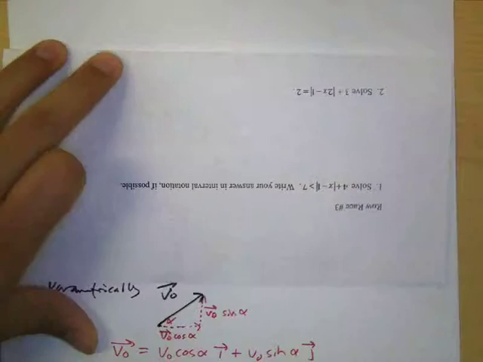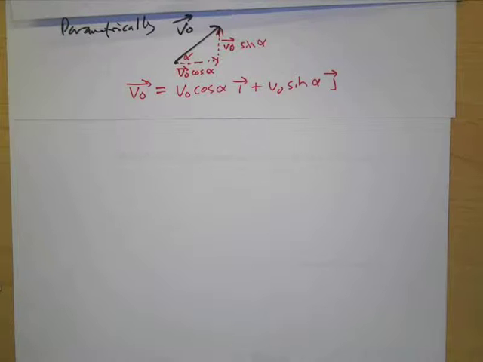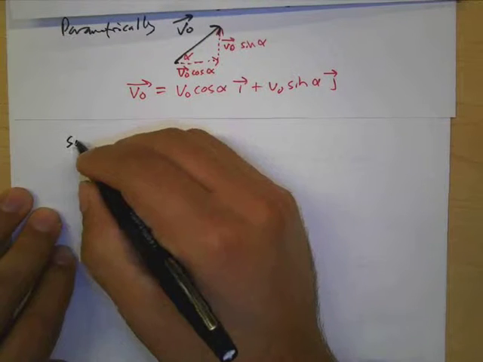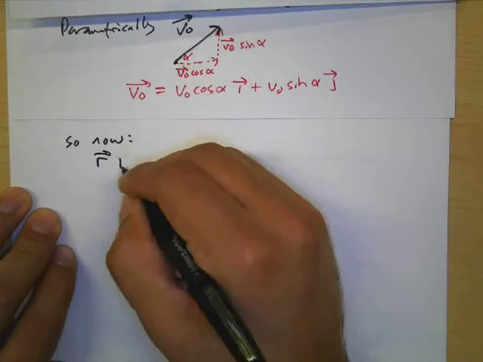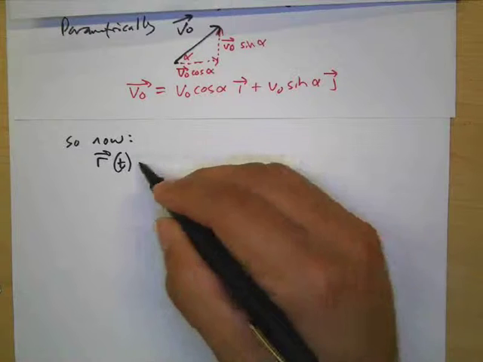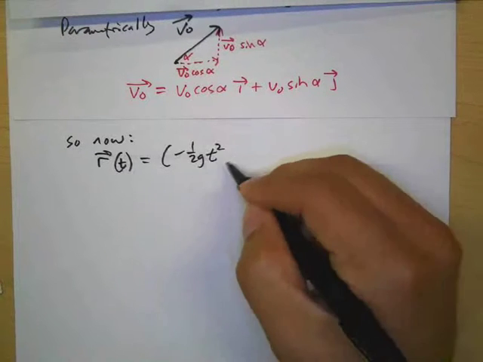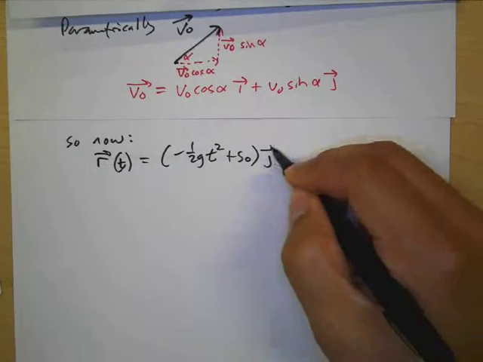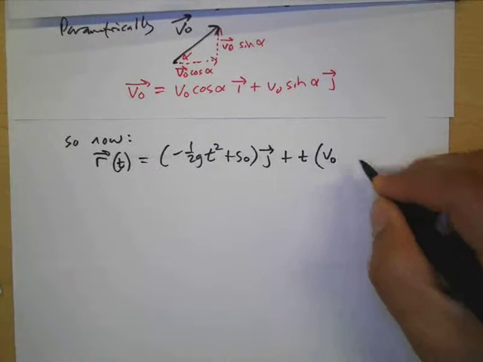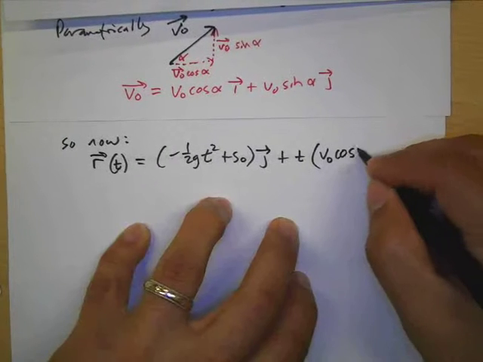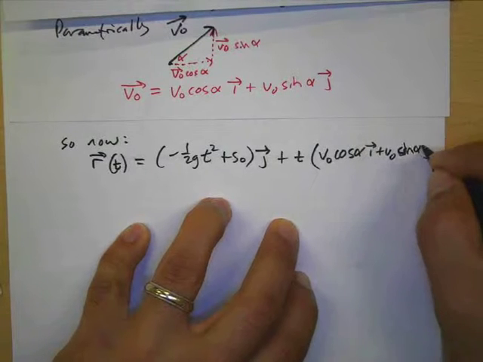And if I plug that back in, now we get r of t will be minus 1/2 gt squared plus s naught times j plus t, and now instead of v naught, I'm going to write it in vector form, so v naught cosine alpha i plus v naught sine alpha j.